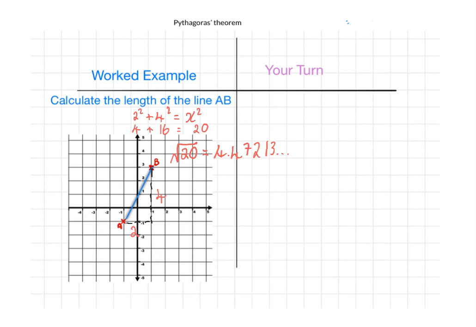I'm going to round to 2 decimal places, so I choose my second number after the point. I look to the number next to it. Is this 5 or above? No. So I don't need to round my 7 up. So my overall answer would be that x is equal to 4.47. Okay, it's not in centimetres there, so I'll just put units.